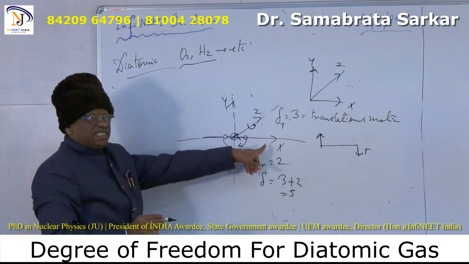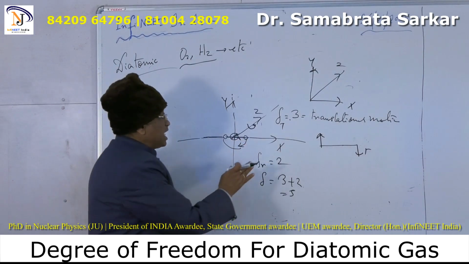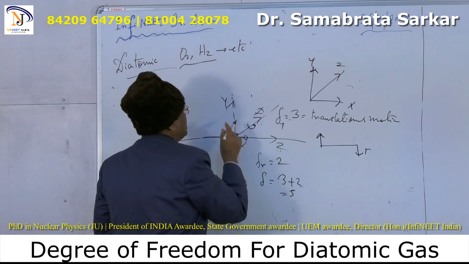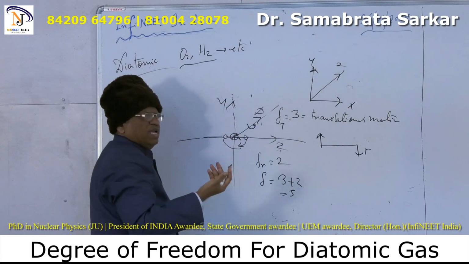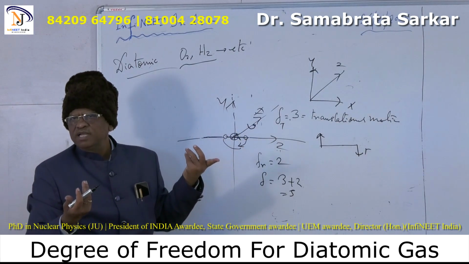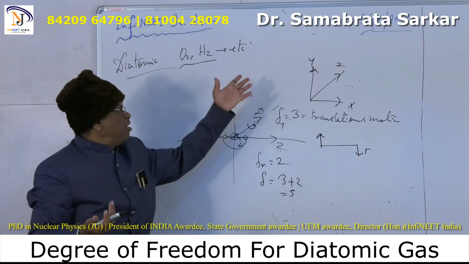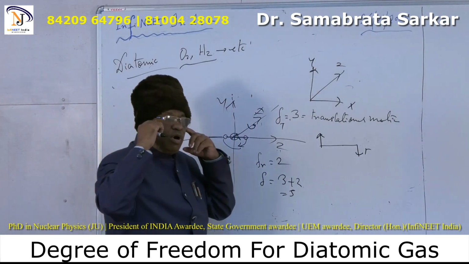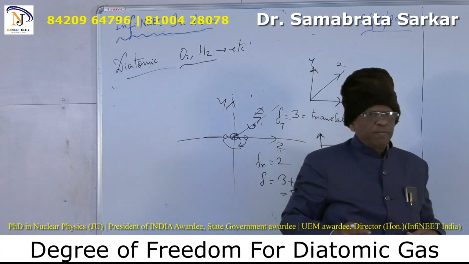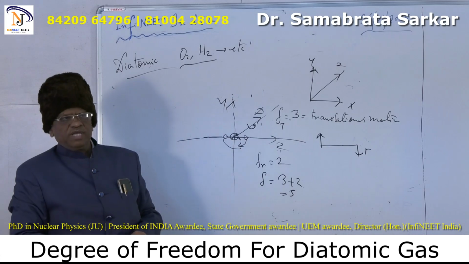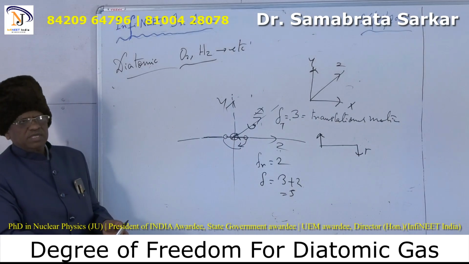Not only this x-axis, you can assume this as the z-axis, these as the x-axis, and these as the y-axis. No problem. Here along the z-axis, it is 0. Along the other two axes, it has a certain value. Try to understand the basic thing, otherwise you won't get happiness so far as your subject is concerned.